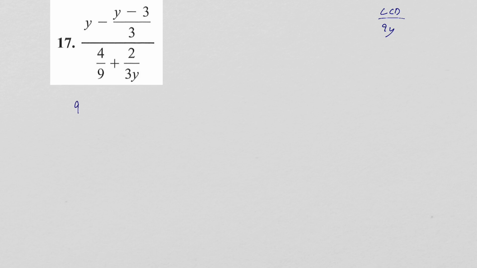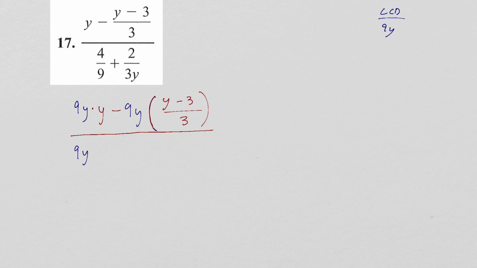I'm going to take my 9y and multiply by this y minus 3 over 3, and then I'm going to take my 9y and multiply by 4 over 9, plus, and I'll take my 9y and multiply by 2 over 3y.